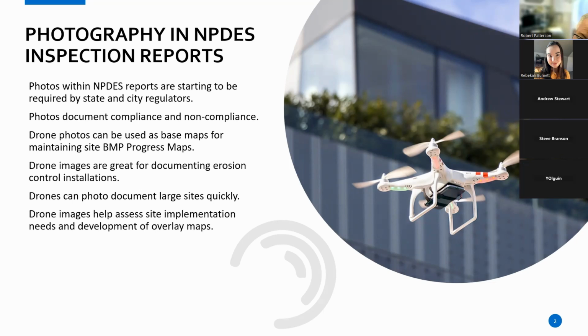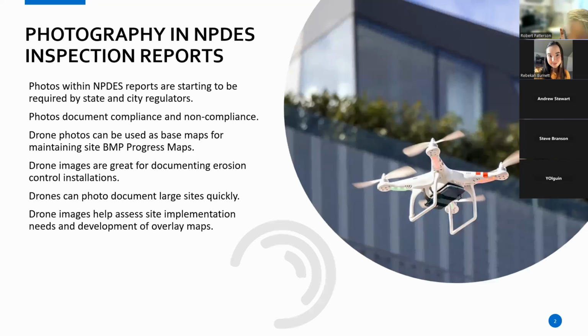When you're looking at drones, the photos document compliance, and they document non-compliance. So you can use them for supporting your inspections on what you're doing on site, or they can be used for enforcement. These photos are great for base maps and maintaining your site BMP progress map that records all your BMPs on site.